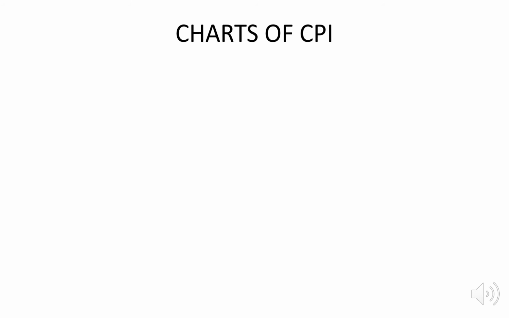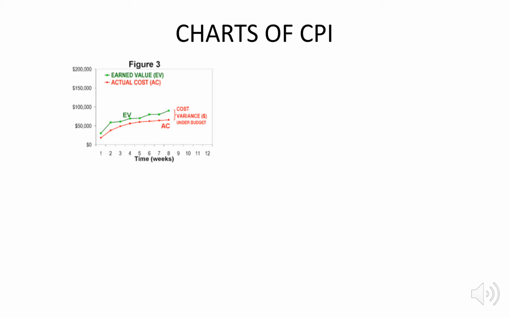Let's see some charts of CPI. Figure 3, which we saw in the previous slide, has time on the x-axis and money on the y-axis. The red line is the actual cost and the green one is the earned value. We can see the locus of different tracking points at different times with respect to different money.